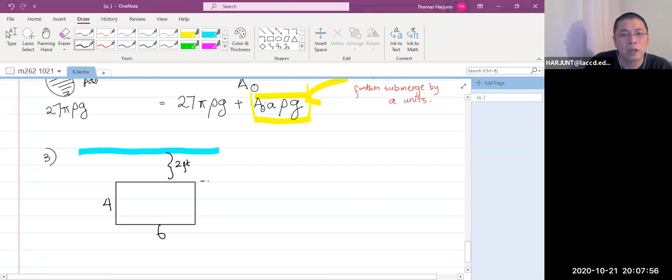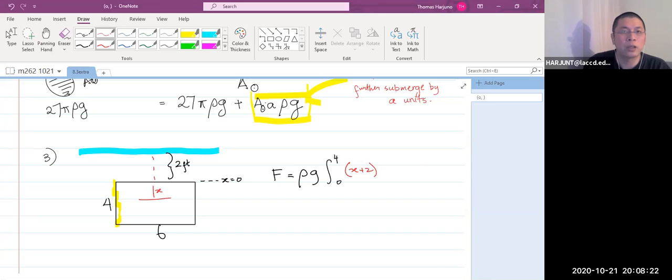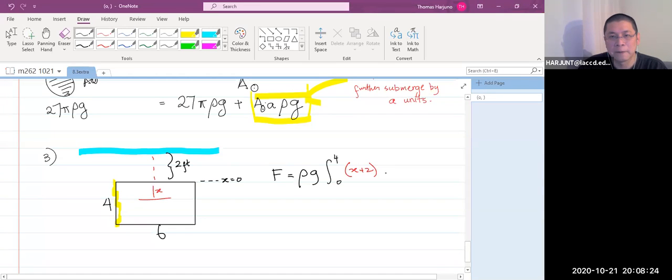If this is my x equals 0, then hydrostatic force will be rho g integral from 0 to 4, because the depth increased by 4, right? And for every x you choose here, the depth is x plus 2. And the width is 6 dx.